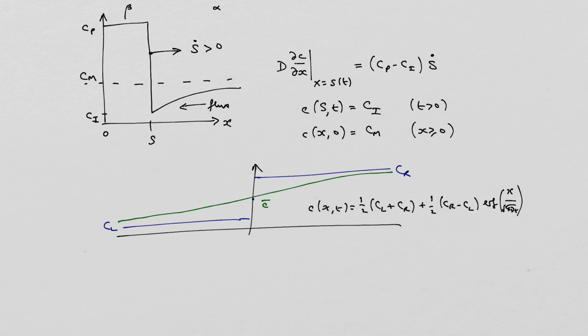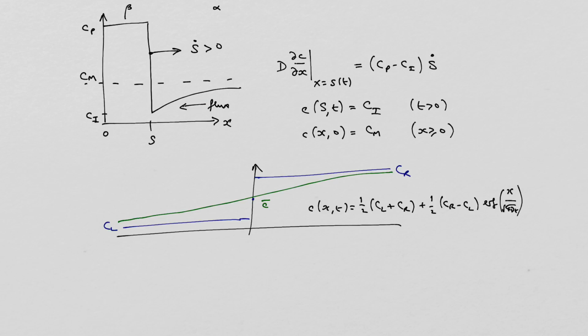Then you see this boundary condition here, it wants us to have a fixed concentration for all time. Well, here's a solution that gives us a fixed concentration at this point for all time. This would be the precipitate. In other words, can we find a solution like this?